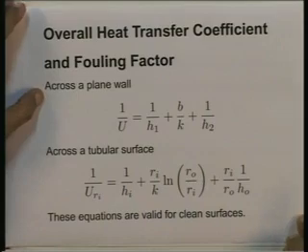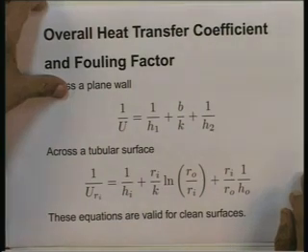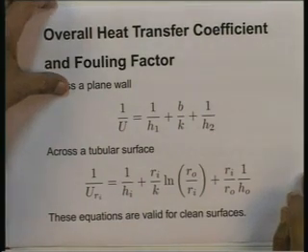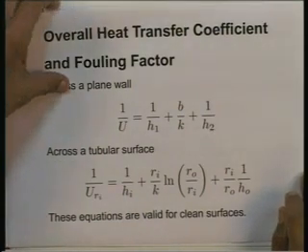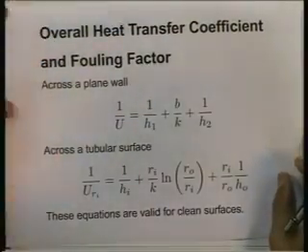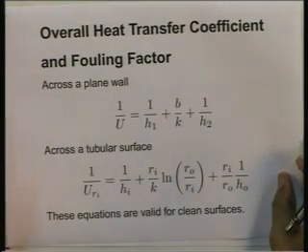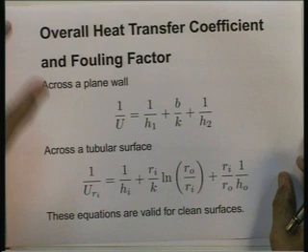In practice, with the passage of time, solid deposits usually tend to accumulate in the form of thin layers on the heat transfer surface, and these deposits present an additional thermal resistance to the flow of heat.